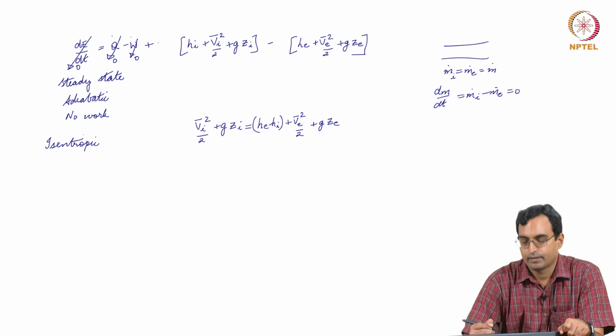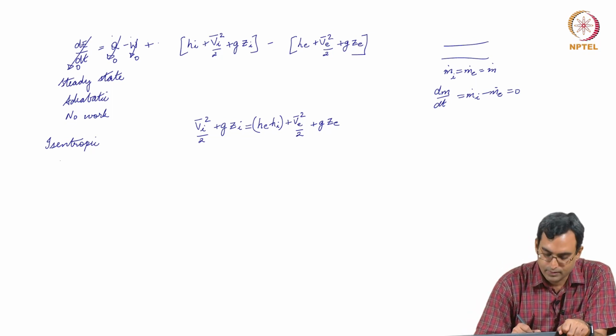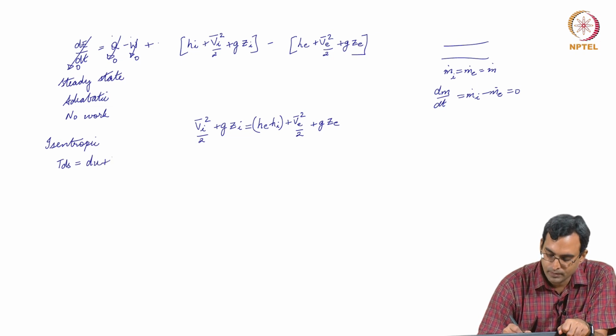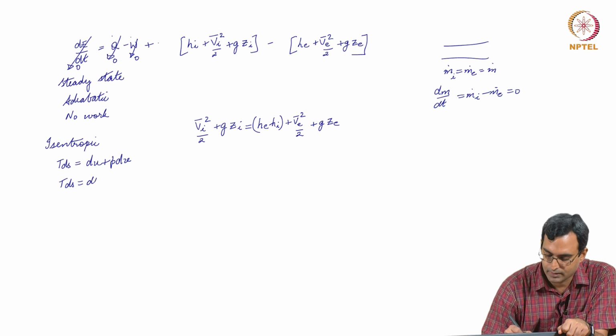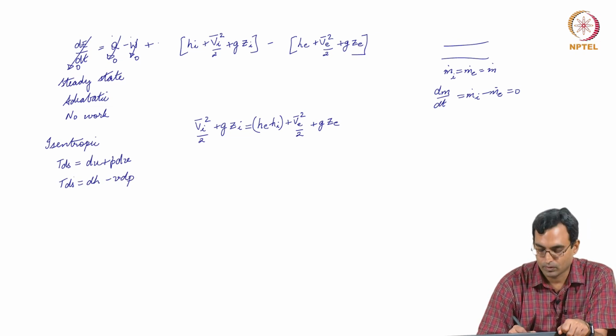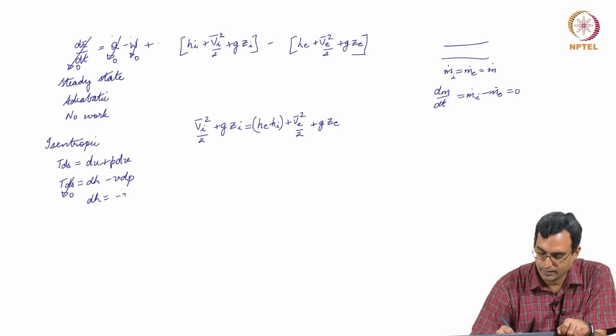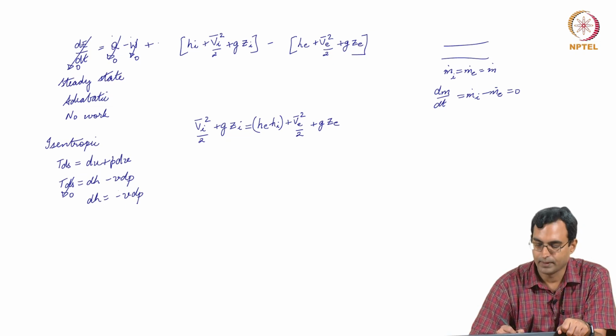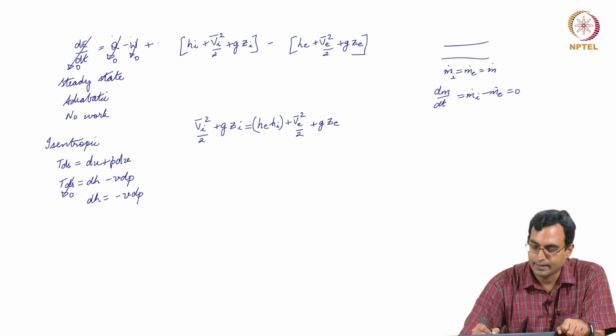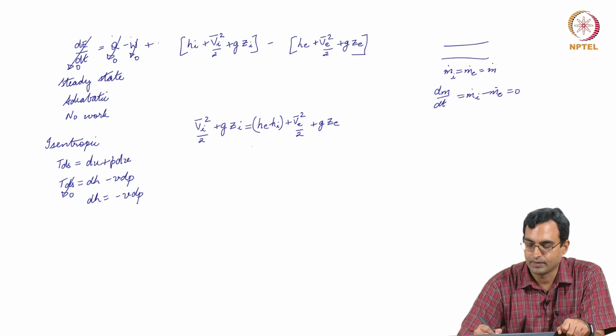If I assume that this is isentropic, then I can use the Tds relationships, which are essentially Tds is du plus pdv, or Tds is dh minus vdp. Let me use this expression. If I assume isentropic, this is 0, which means that dh is equal to minus vdp. This is dh. I can write this as minus vdp.